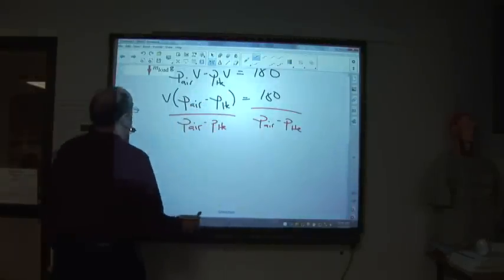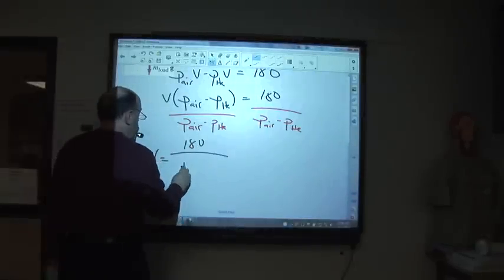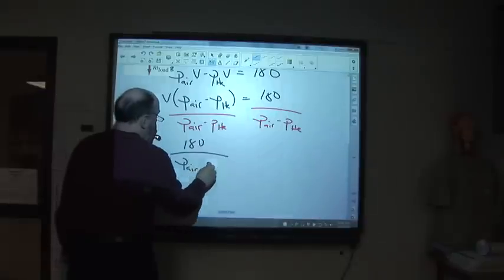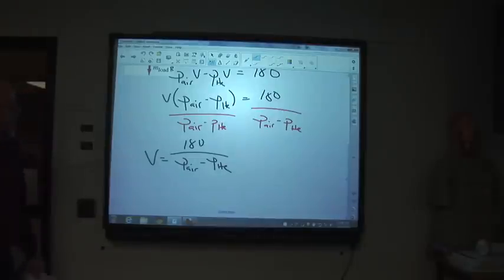And so the volume of the balloon will be 180 over the density of air minus the density of helium.